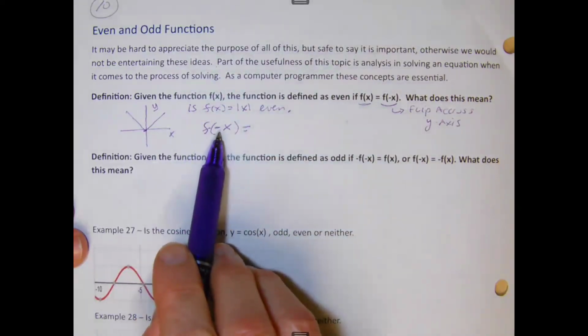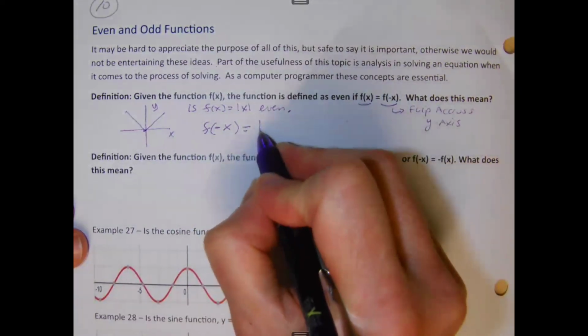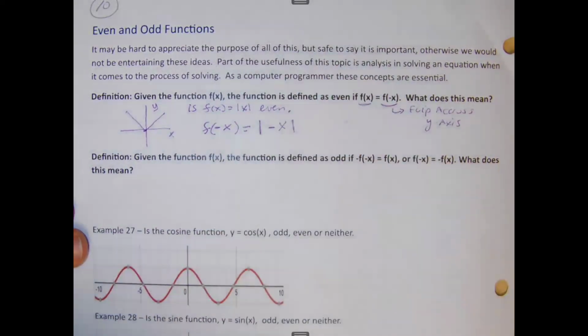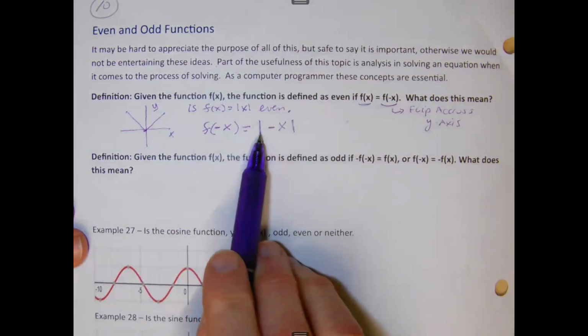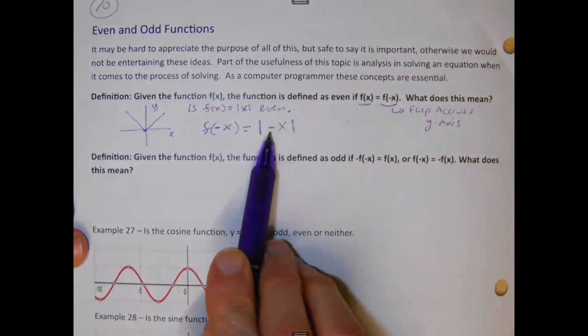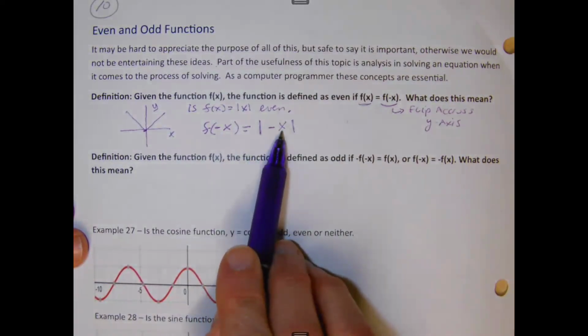Take and change x to negative x. So what does that mean? I'm going to go inside these absolute value symbols and change that. So what is this saying? Whatever you input here, take the opposite of it, and then take the absolute value. So again, imagine taking the -5, the opposite of -5 is 5. If I enter 7, the opposite of 7 is -7.